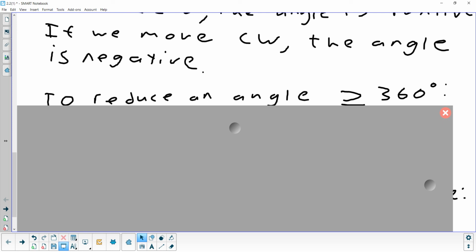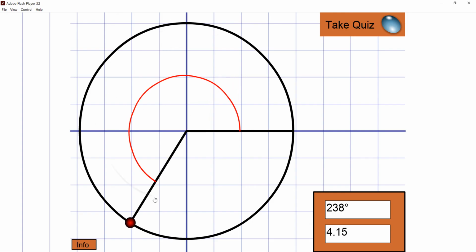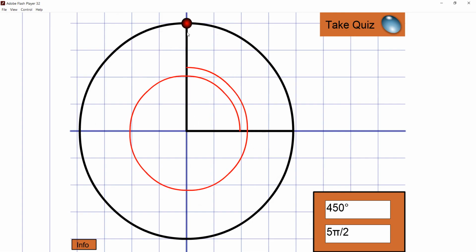So let's look at an angle that's too big. Let me bring this back up. There's an angle you might have to work with, 450 degrees. It's a little easier because you have a picture right now, but if I gave you 450 degrees, your first step is to find the coordinate for 450 degrees. Well, 450 degrees is the same as something else.